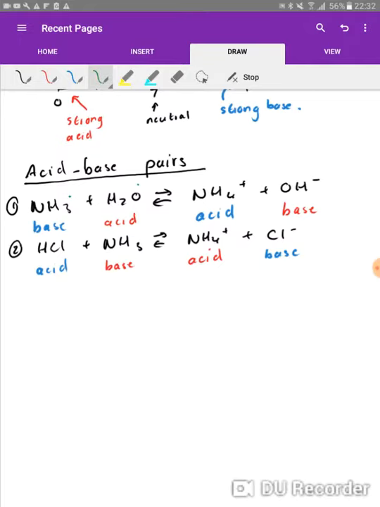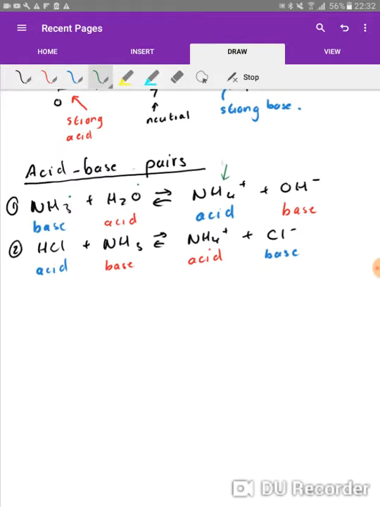This is basically us dissolving a base in water. We know that this base is going to accept protons. Ammonia is a base, so it wants to accept protons. If you look here, it's the conjugate acid.